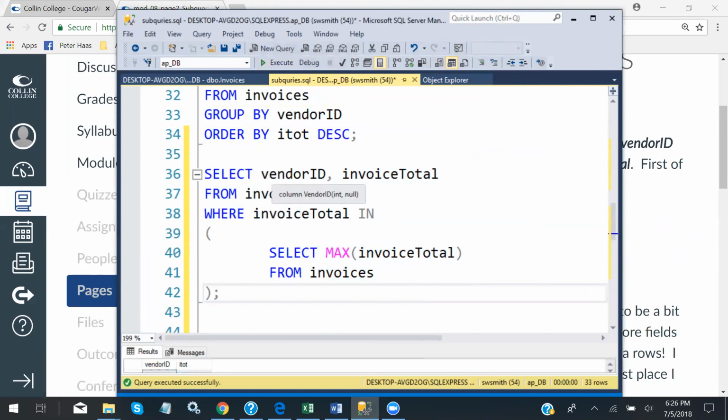Select vendor ID and invoice total from invoices where invoice total is in, select max invoice total from invoices.